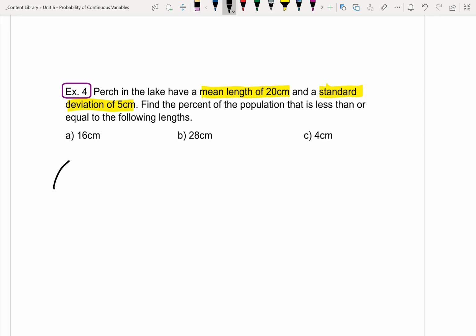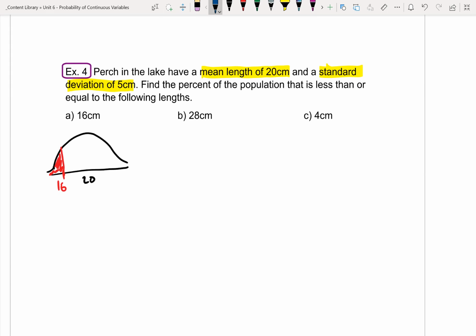So again, if I look at my normal distribution, I have a mean of 20. In this case, I'm looking for 16, which is below, so I want to find everything that is from that line and below. I want to find that area, so I need to use my z-scores.